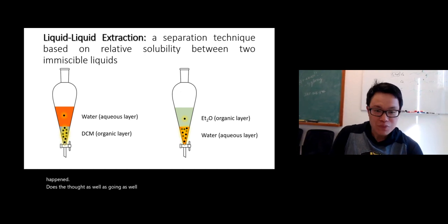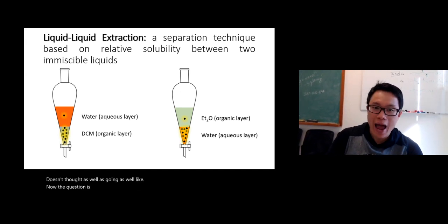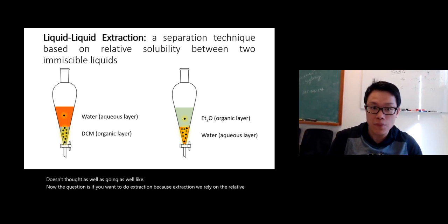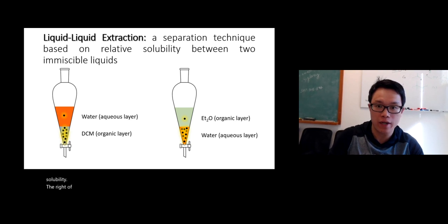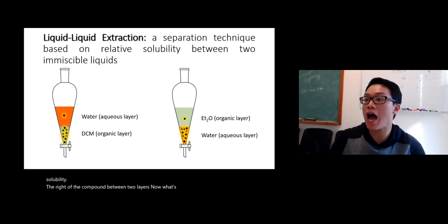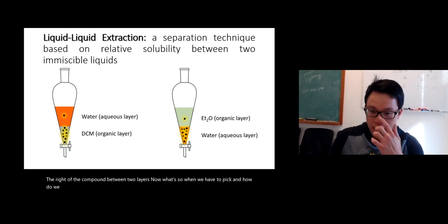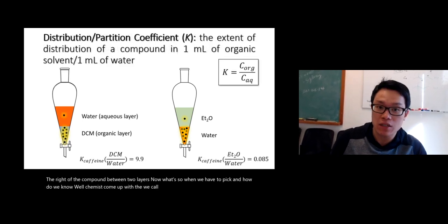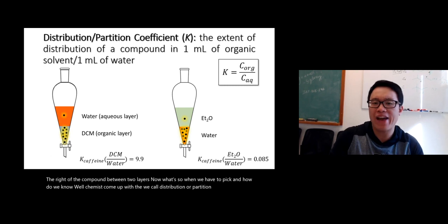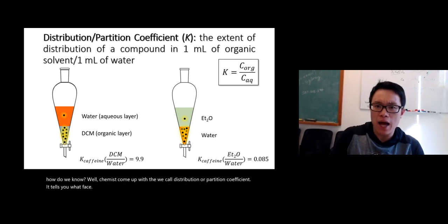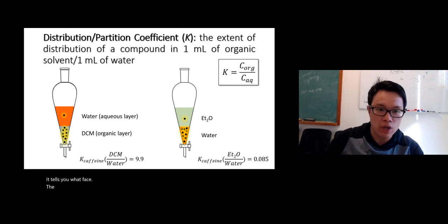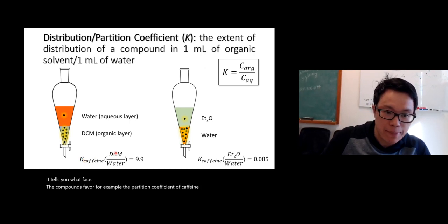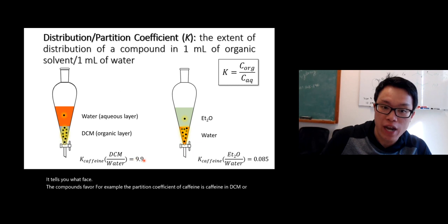Now the question is, if you want to do extraction, we rely on the relative solubility of the compound between the two layers. So how do we know which solvent to pick? Well, chemists came up with the distribution or partition coefficient. It tells you what phase the compound favors. For example, the partition coefficient of caffeine in DCM over water is 9.9.